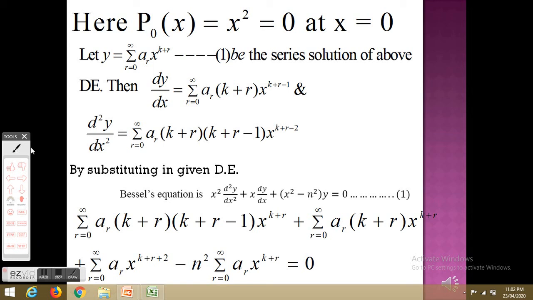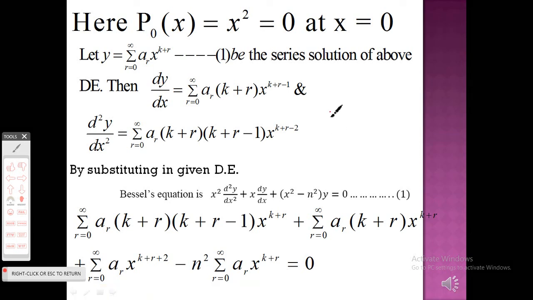So how do we differentiate? The formula we are using is the differentiation of x to the power n equals n into x to the power n minus 1.